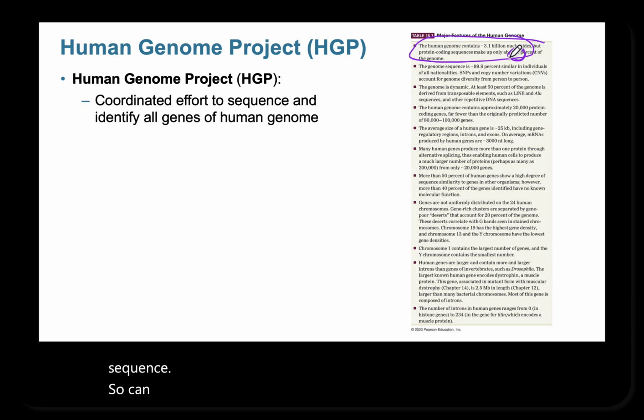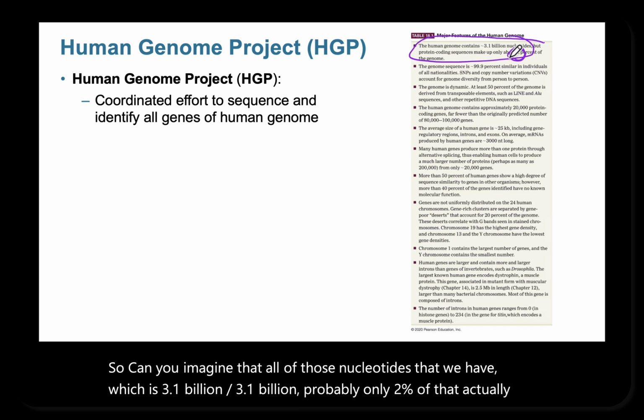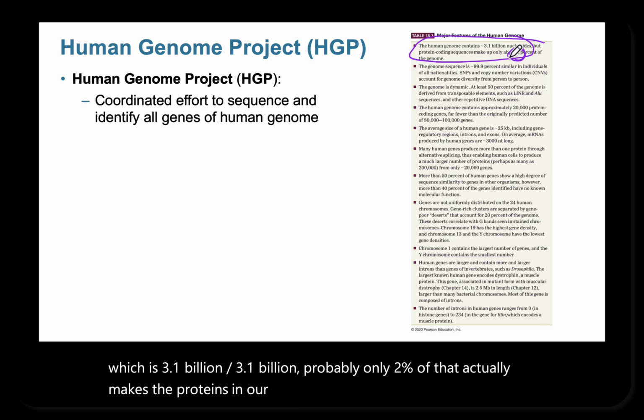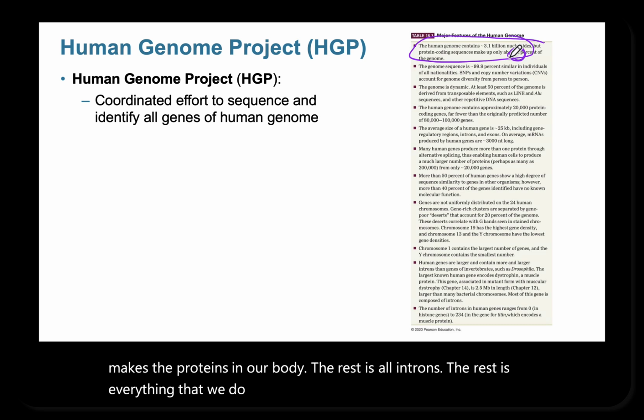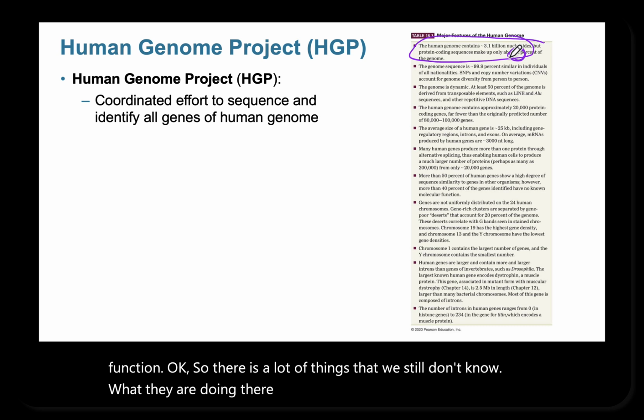Can you imagine that of all those 3.1 billion nucleotides, only 2% actually makes up proteins in our body? The rest is all introns, everything that we do not use or that doesn't have a specific function. There are a lot of things that we still don't know about, and what their function is in the genome.